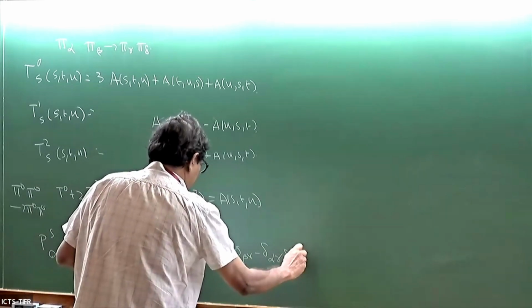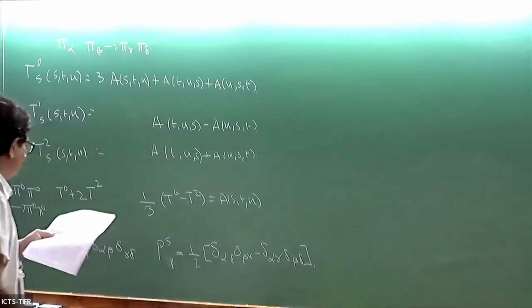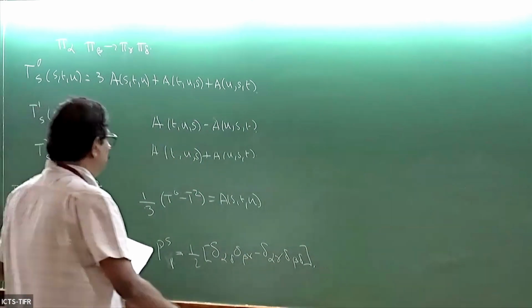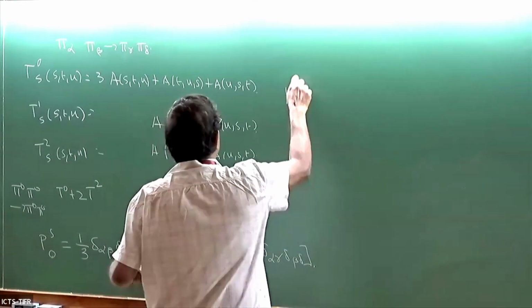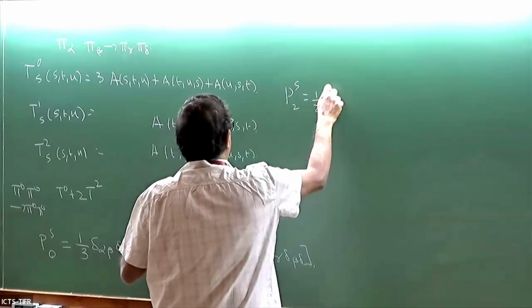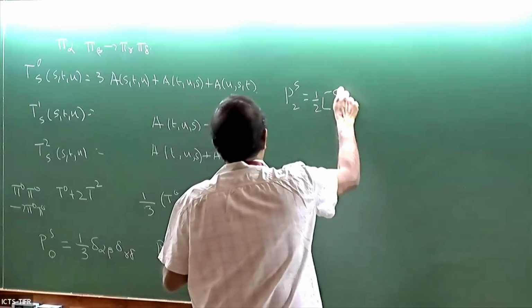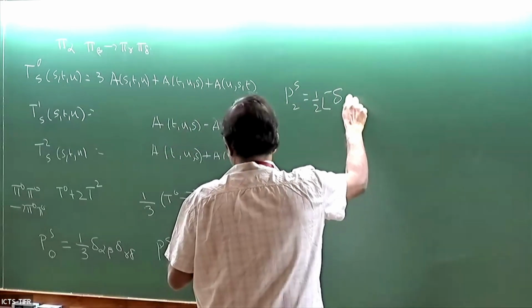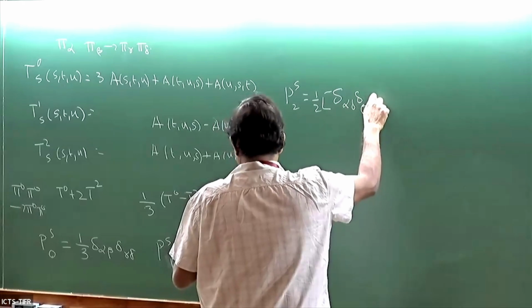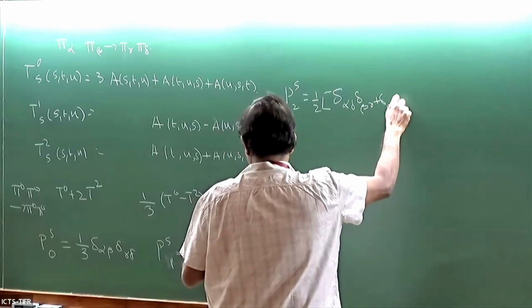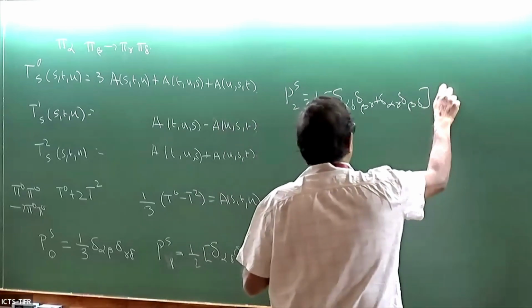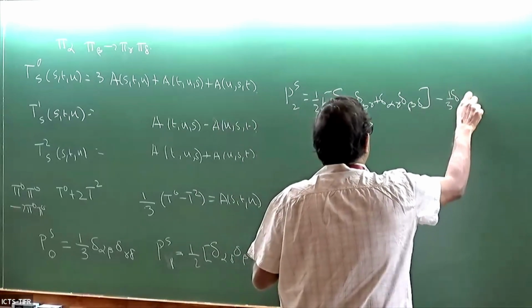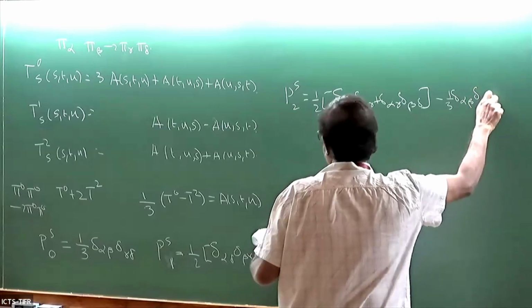And finally, I have P2 of S, which is given by 1/2 of delta alpha delta, delta beta gamma, plus delta alpha gamma, delta beta delta, minus 1/3 of delta alpha beta, delta alpha gamma.